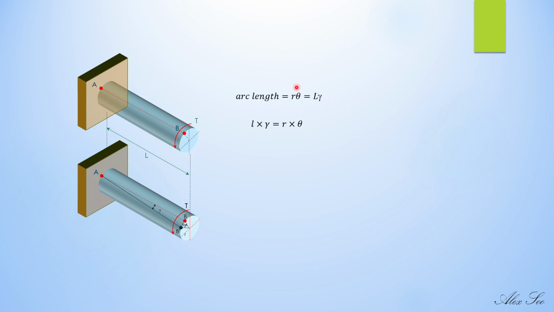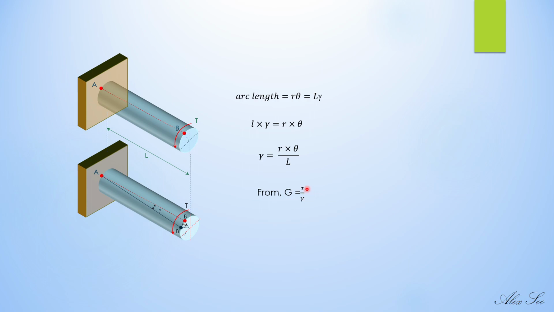So when you rearrange this, gamma will be equal to r times theta over L. And we know that gamma is the shear strain. And this is the shear modulus, hope you still remember, this is not Young's modulus, this is shear modulus, equals stress over strain.